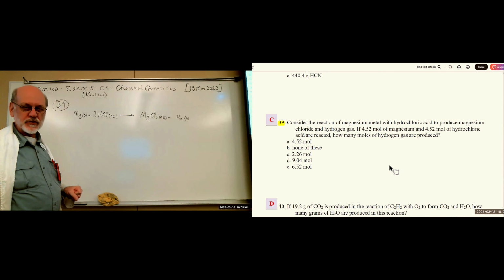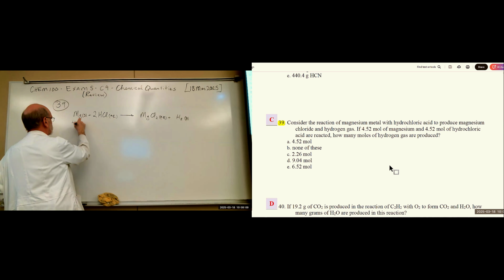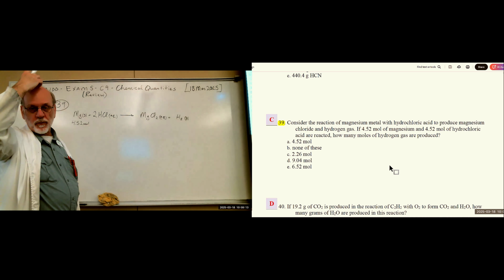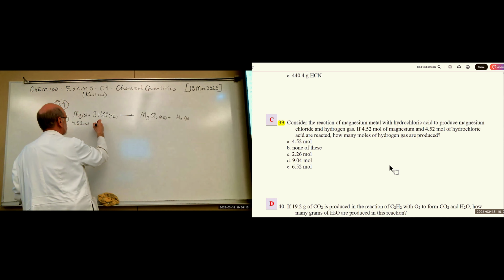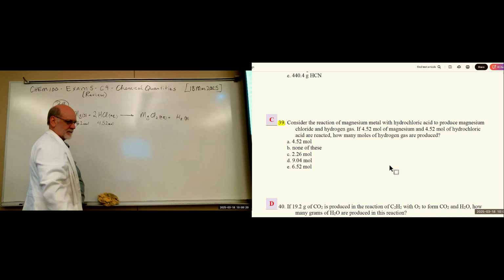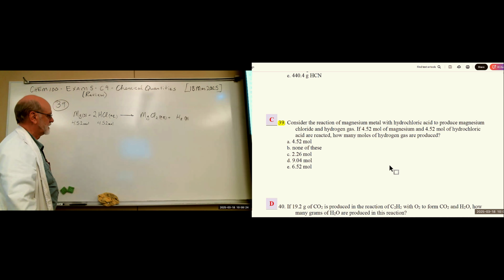If 4.52 moles of magnesium reacts with 4.52 moles of hydrochloric acid, how many moles of hydrogen gas are produced?